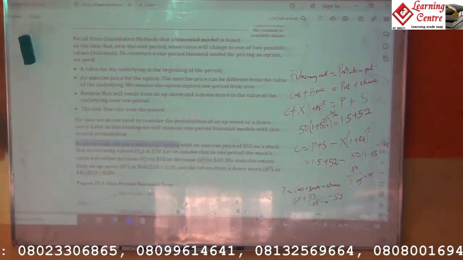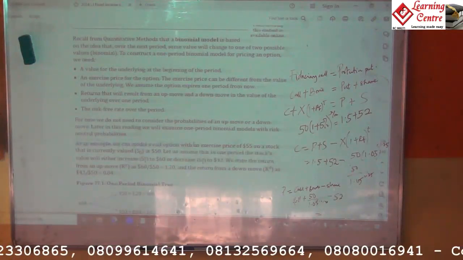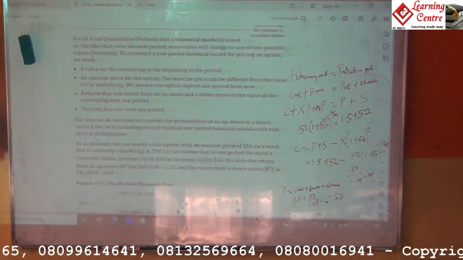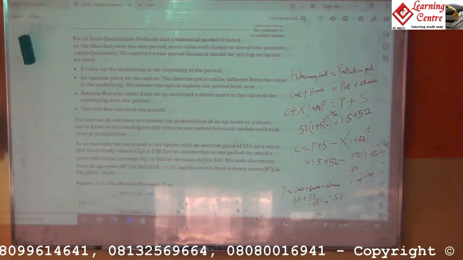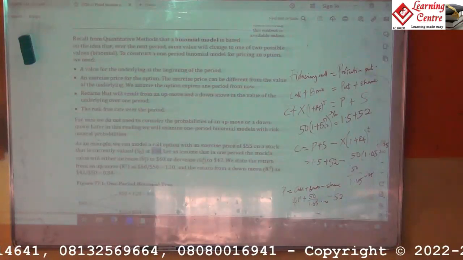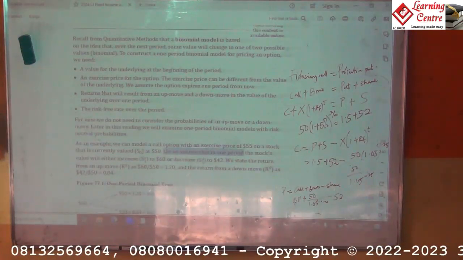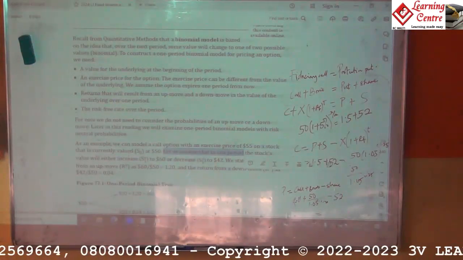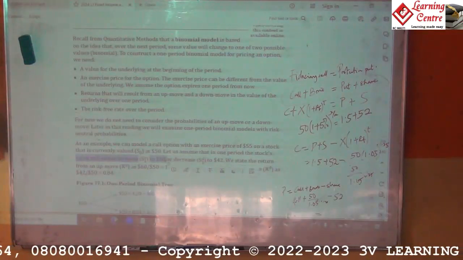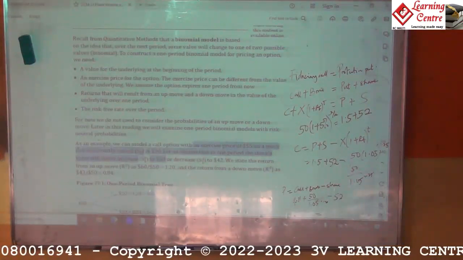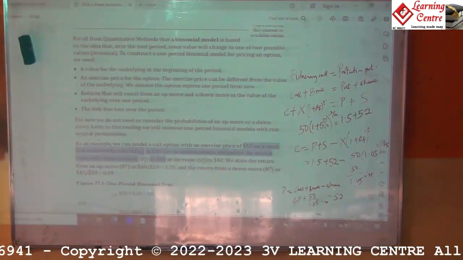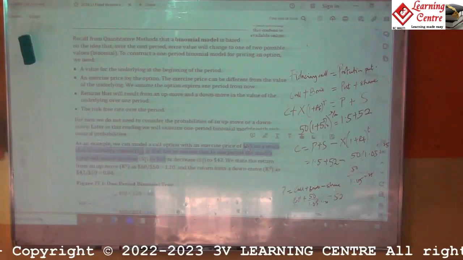We can model a call option with an exercise price of $55 on the stock that is currently valued at $50. Let us assume that in one period, the stock value will increase to $60. So if the stock value increases to $60, is this option in the money or out of the money?